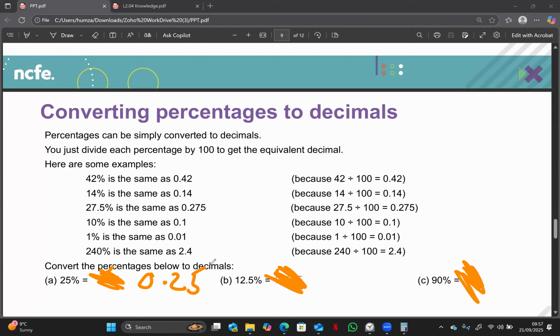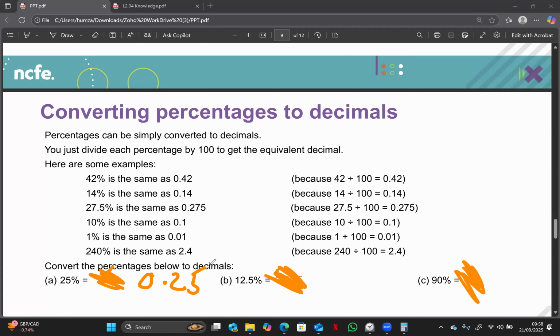And the second one? B, 12.5. Remember, not times, over 100.